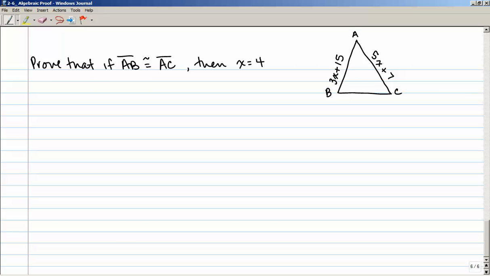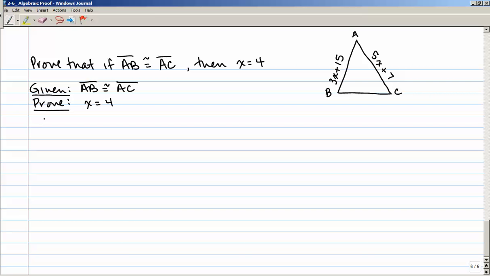So let's go ahead and write our given and our prove. Our given is the hypothesis, the stuff that follows if, so AB is congruent to AC, and what we have to prove is our conclusion, which is what follows the word then. We have to prove that x equals 4.